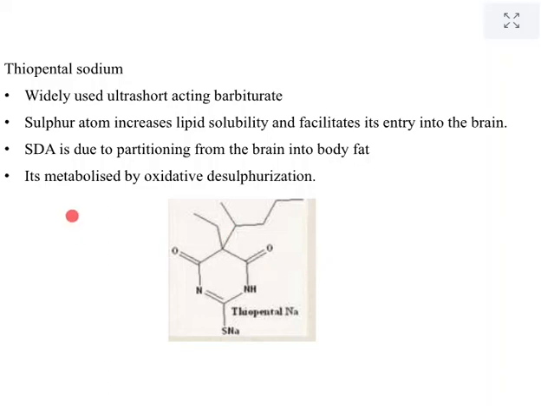Once you remove the sulfur and put the oxygen, you will change it to a different barbiturate, and that barbiturate might not really have anesthetic activity because you will reduce its lipid solubility.